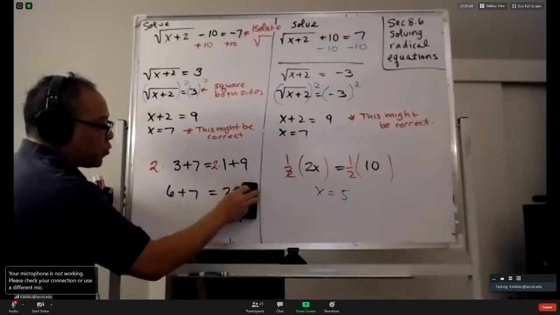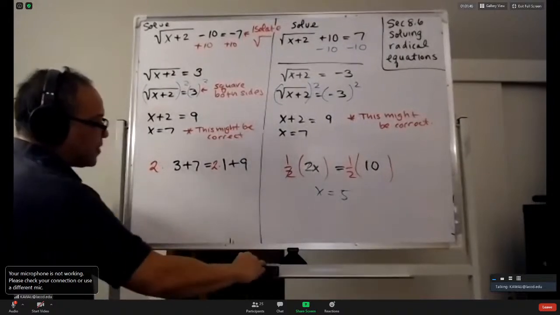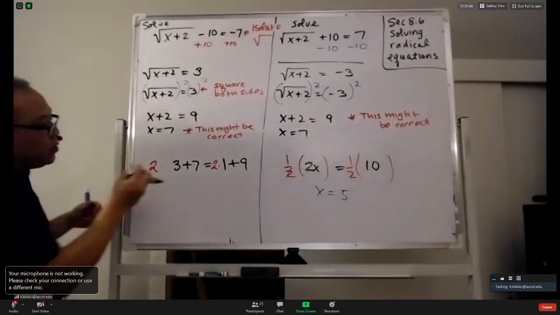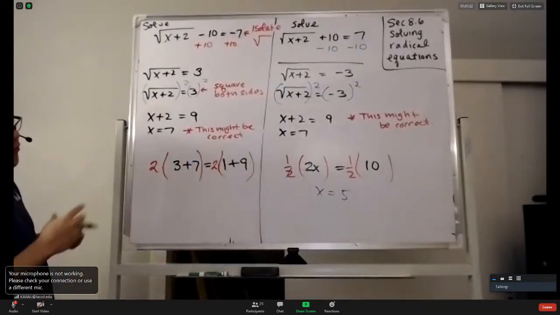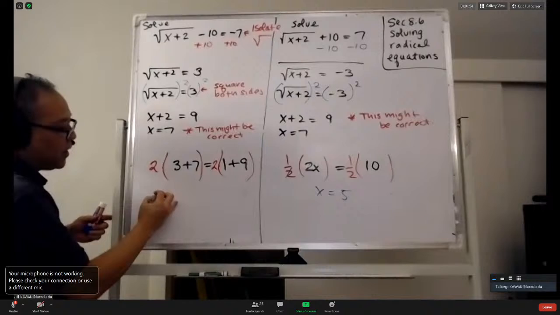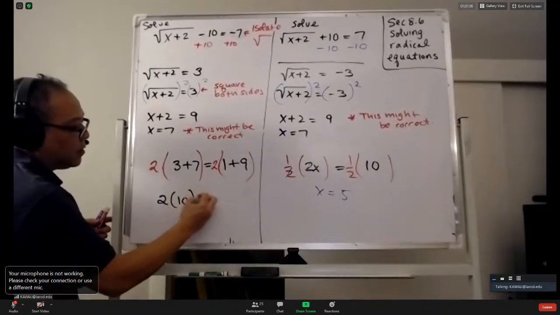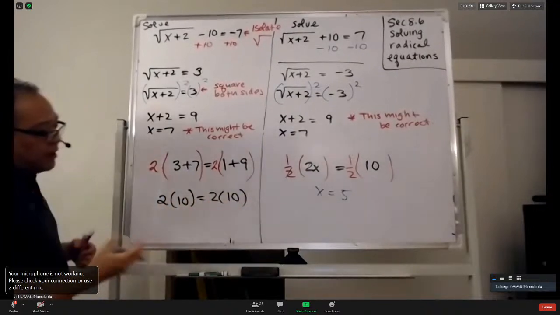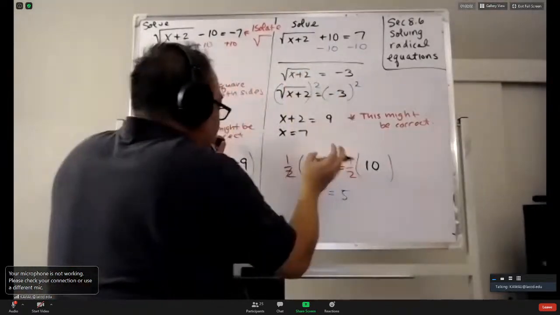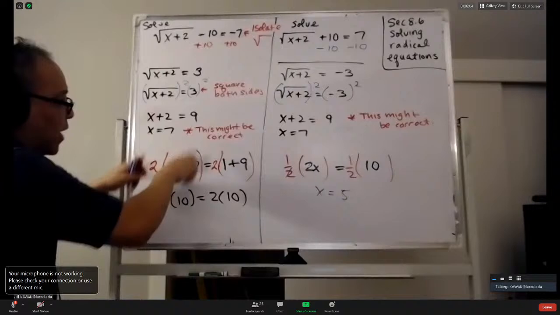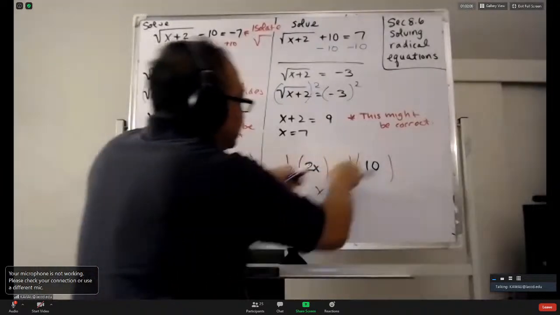In order for this rule of anything you do to the left side, you have to do to the right side, you need to put parentheses there. If you don't, it won't work. So then we get 2 times 10 is equal to 2 times 10, and now that works. So anytime you apply an operation on both sides, the parentheses are there even though you don't write them.